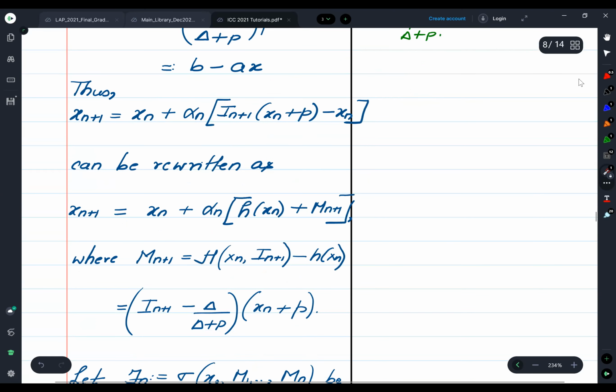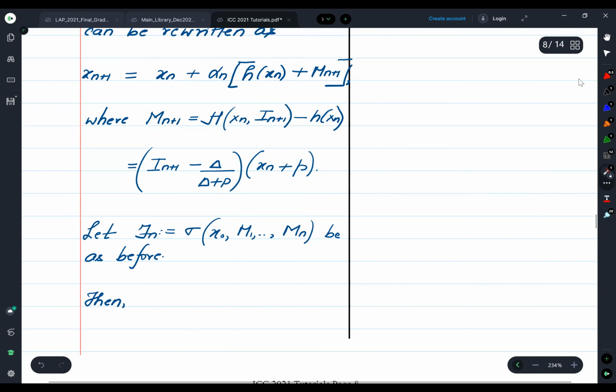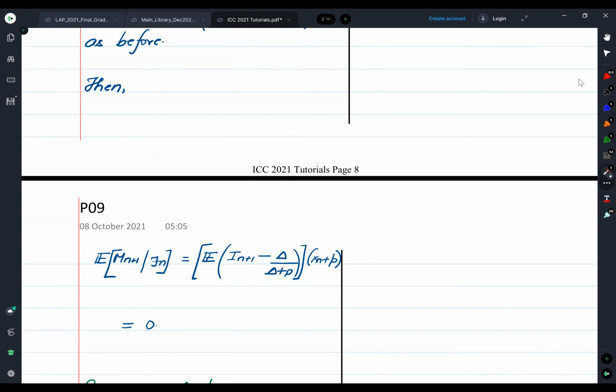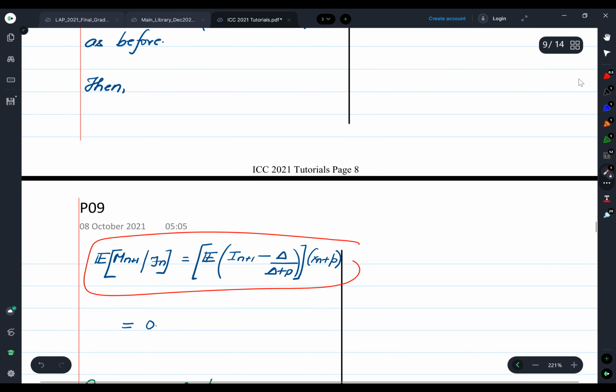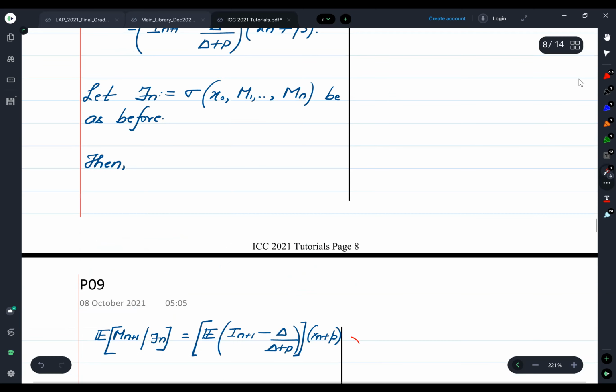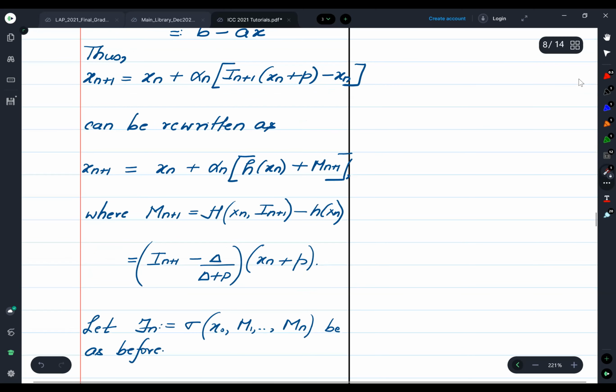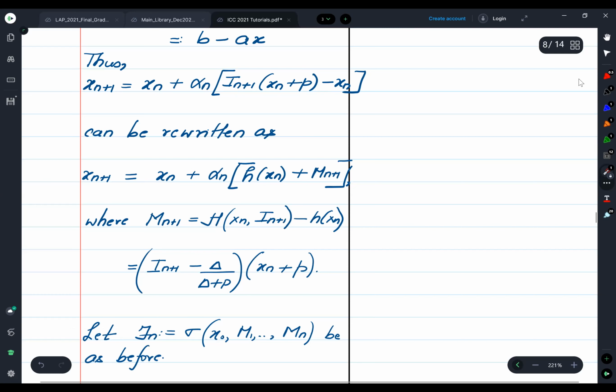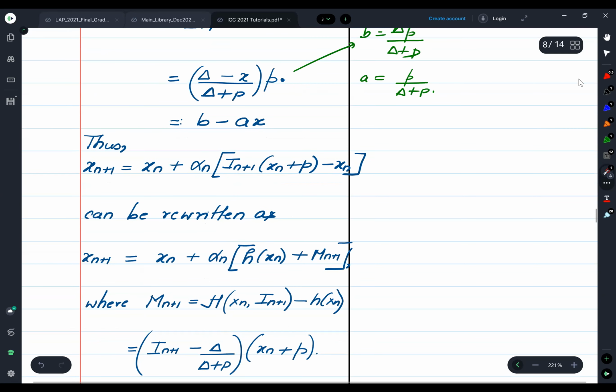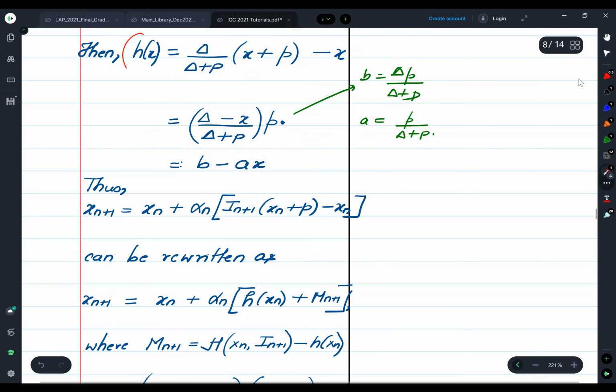The way we have constructed everything, you can easily see that if we define this calligraphic Fn in this form, then the conditional expectation of mn plus 1, as in that warm-up exercise, turns out to be 0. In this sense, this is the driving function that we would have ideally liked. However, notice that the definition of h depends on delta, which is unknown.